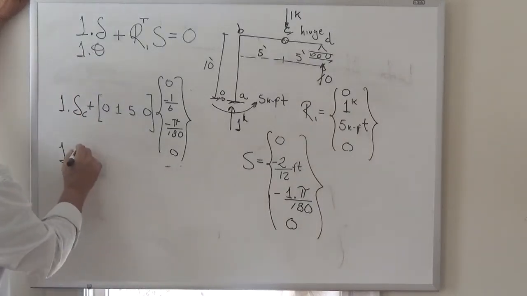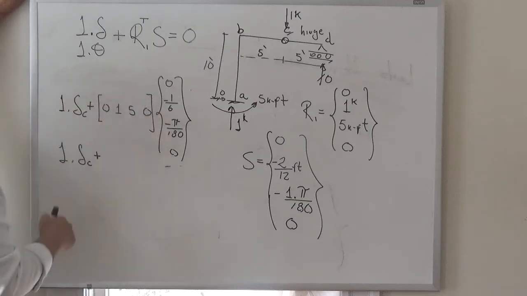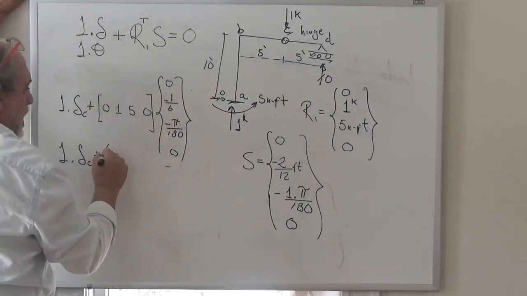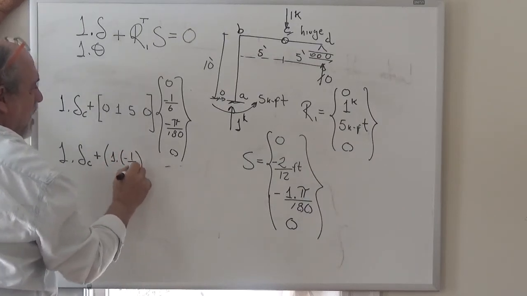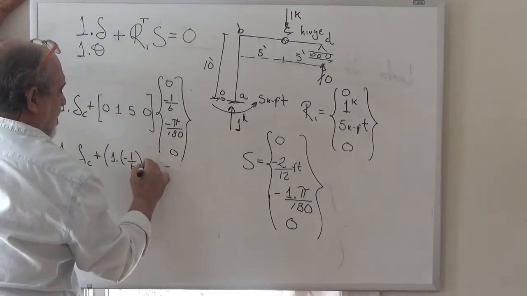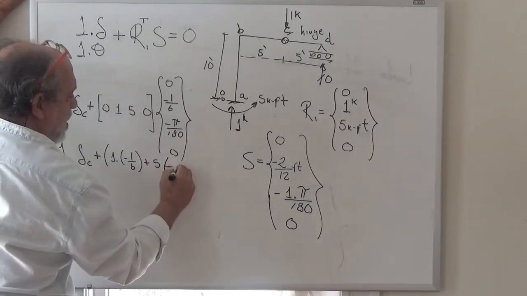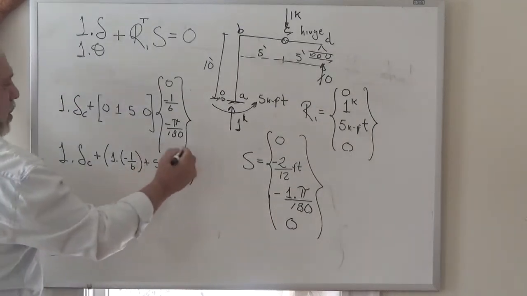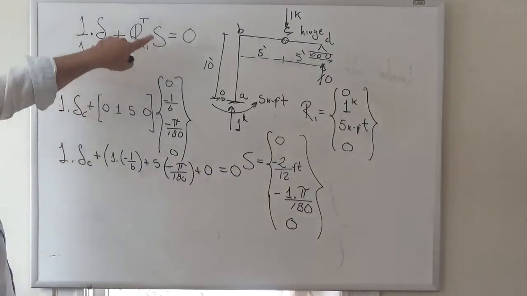Therefore 1 times delta at C plus. Now this is mathematically correct, which means 0 times 0 plus 1 times minus 1/6 plus 5 times minus pi over 180 plus 0 is equal to 0. That's what this says, right?